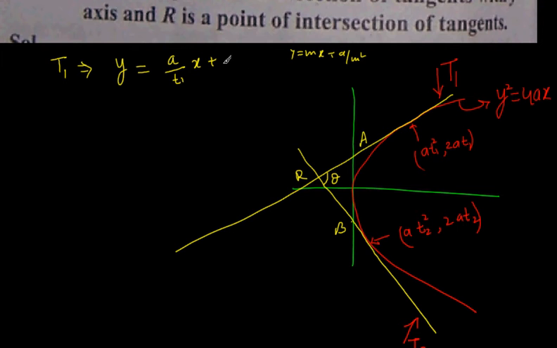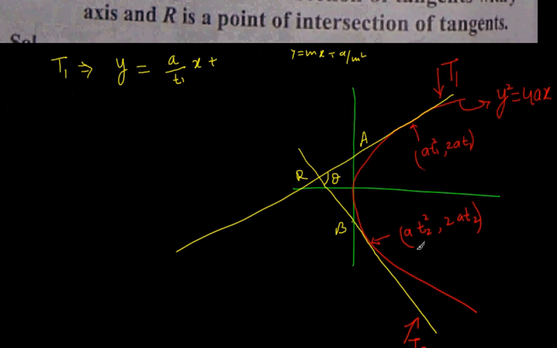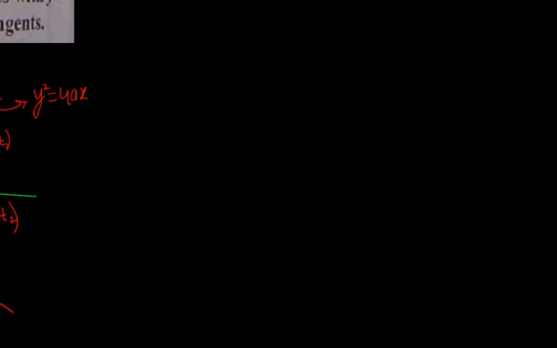There's a way to find it. I don't have much time to prove what the tangent would be over here, but quickly we can find dy by dx. Let me try: dy by dx should be equal to 2a by y.